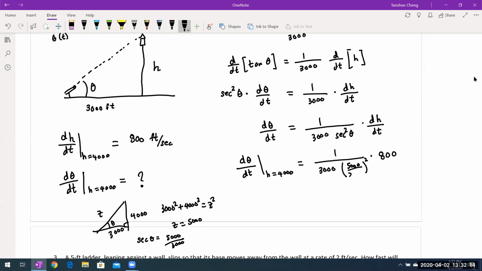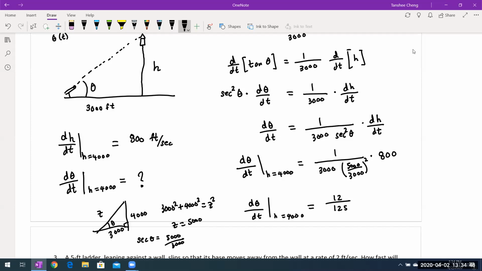Any questions before I move on from here? Finally, when I put this into the calculator or compute it by hand, after you simplify everything, this is the result you're going to get: 12 over 125.